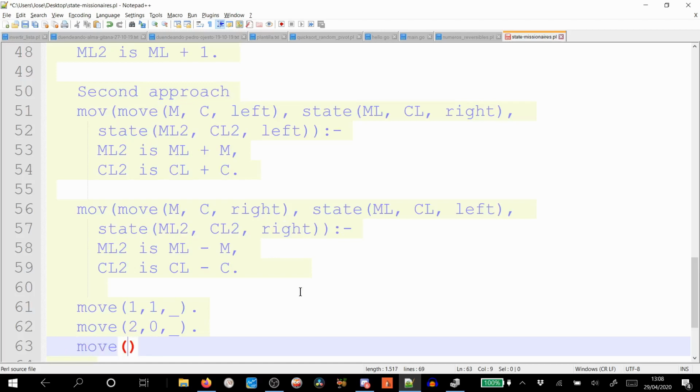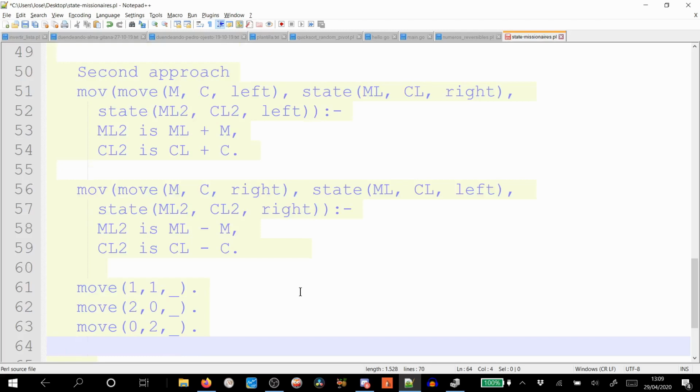Move will be 0, 2, doesn't matter about, and that's all, no? 1 1, 2 0, 0 2. And 1 0, 0 1, no. Oh yes, yes.